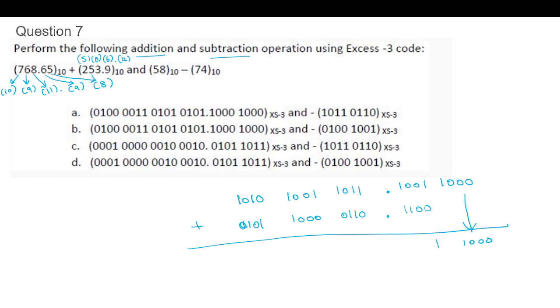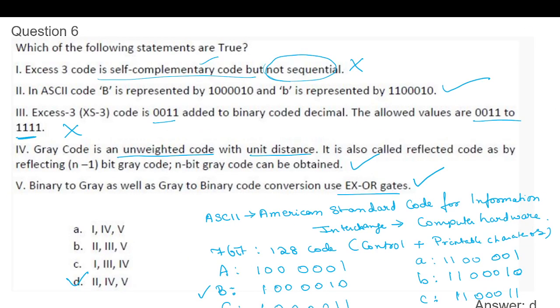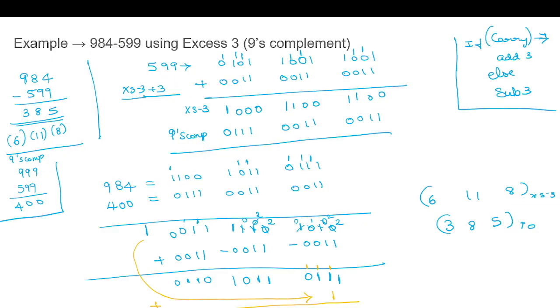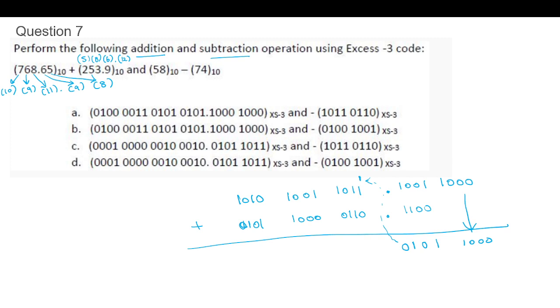1, 0, 1, 0. There is a carry. We have to take this carry here. There is a carry. So we have seen if there is a carry, then add 3. So this satisfies it. So we have to add 3, 0, 0, 1.